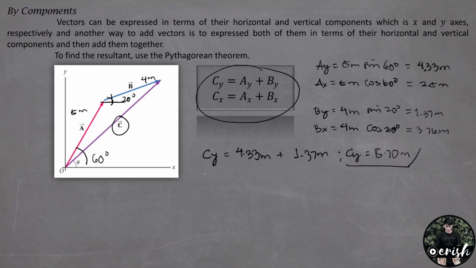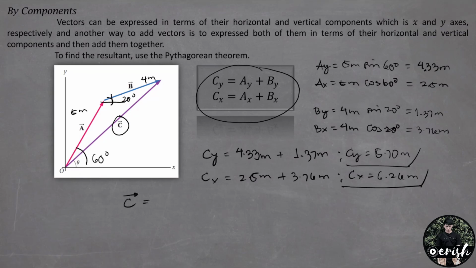For the horizontal component of the vector sum, CX, we have 2.5 meters plus 3.76 meters. And the value of CX is equal to 6.26 meters. Pwede na natin malaman ngayon yung final answer for the vector sum by Pythagorean theorem.